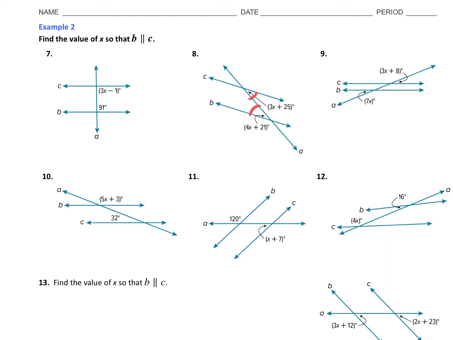You'll notice that those angles are alternate interior angles, so that would mean they are congruent. So to solve for this, we would do 4x plus 21 equals 3x plus 25.